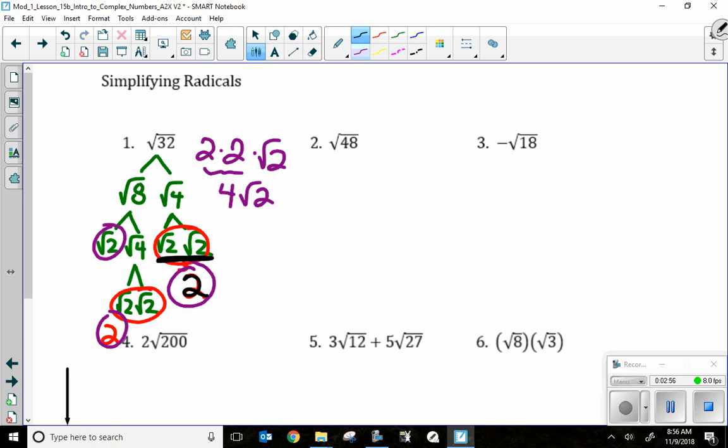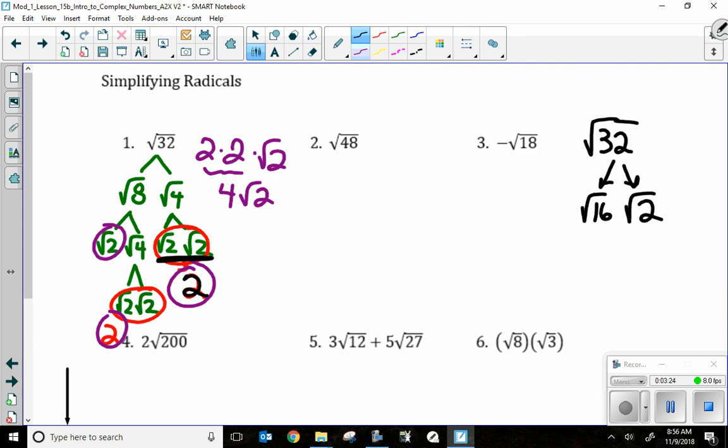Now what I like to do, okay, and I'll do this off to the side here. I like to take radical 32 and I try and find the biggest perfect square that goes into it. Okay, it's 16. So radical 32 is the same thing as saying radical 16 times radical 2, because 16 times 2 is 32.